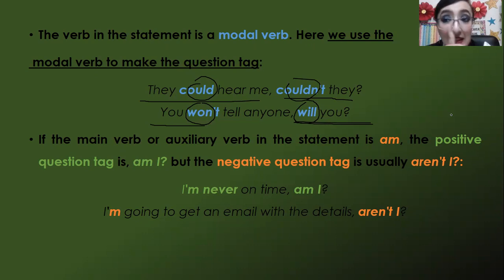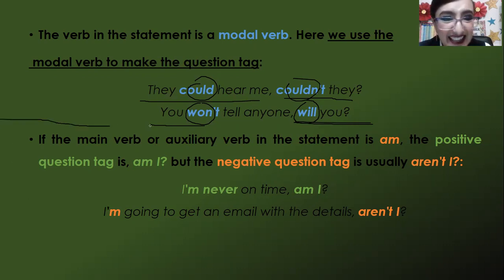Now, let me tell you something. If the main verb, I mean the principal verb or auxiliary verb in the statement is am, the positive question tag is am I? But the negative question tag is usually aren't I?